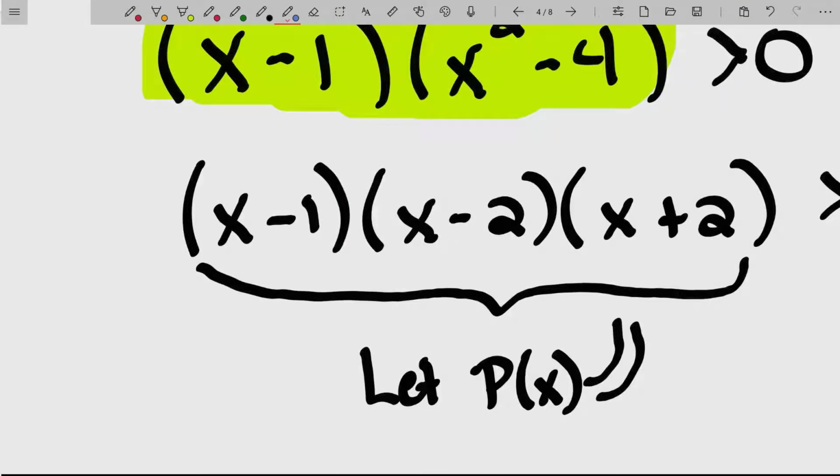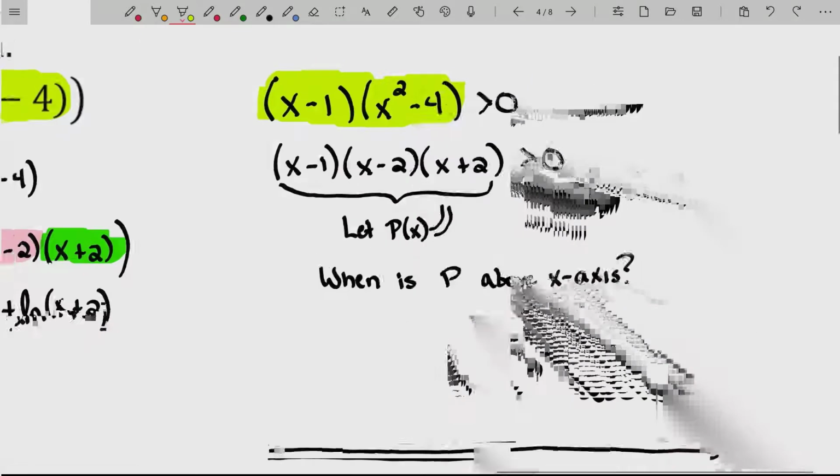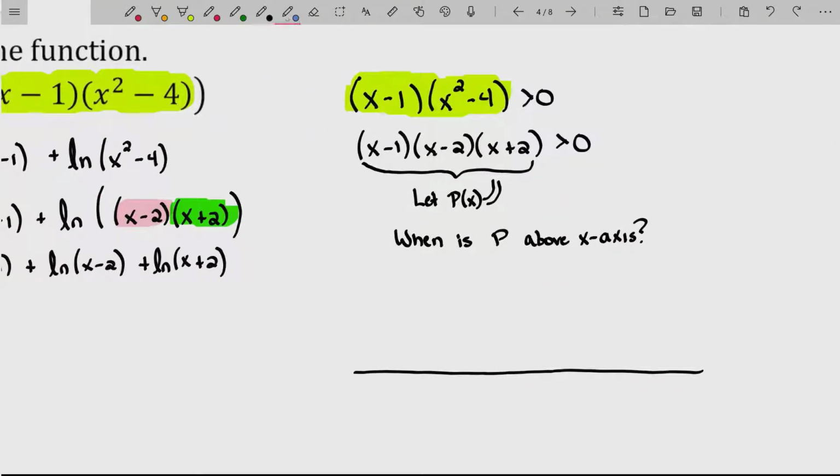This polynomial is 0 at 1 because of this factor, at 2 because of this factor, and at -2 because of that factor. So those are the 3 places we'll have zeros: 1, 2, and -2. So let me plot those points. Here's a -2, here's a +2, and then we need 1. So I'll just plot 1 here as well.